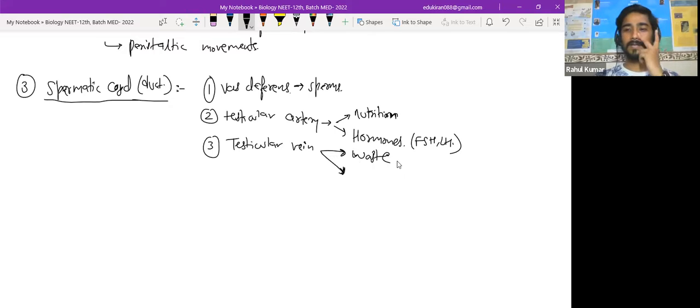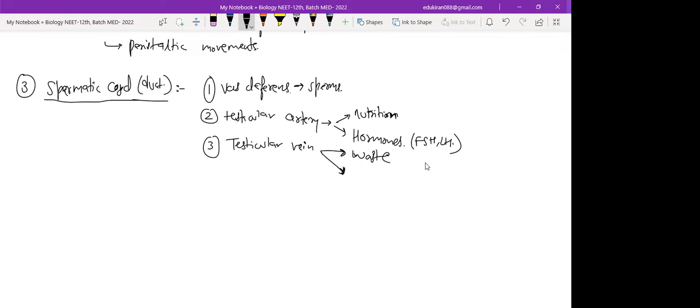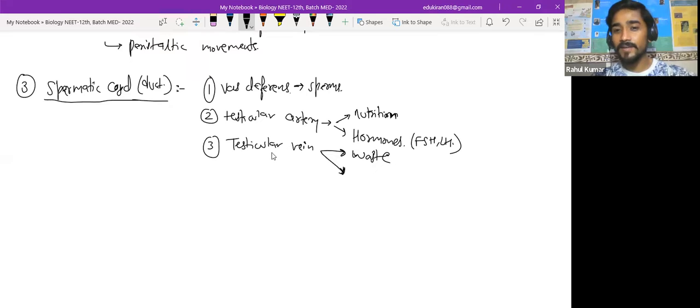Okay. What do testicular veins carry outside, which is important? Waste is waste. Sir, probably they carry the fluids necessary. What fluid? This is a blood vessel we are talking about. We cannot send fluids through a blood vessel. It will dilute the composition of blood. Are you talking about the fluids from the glands?